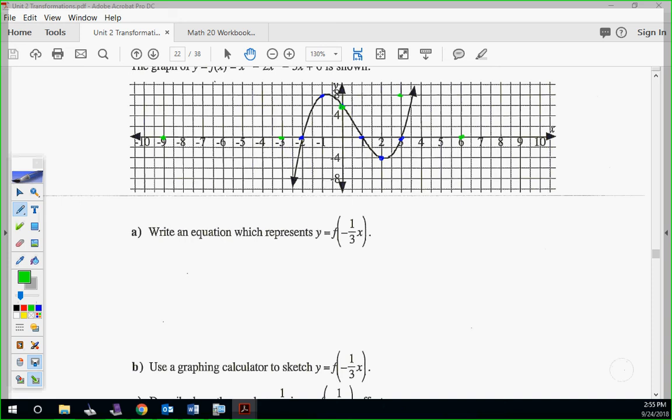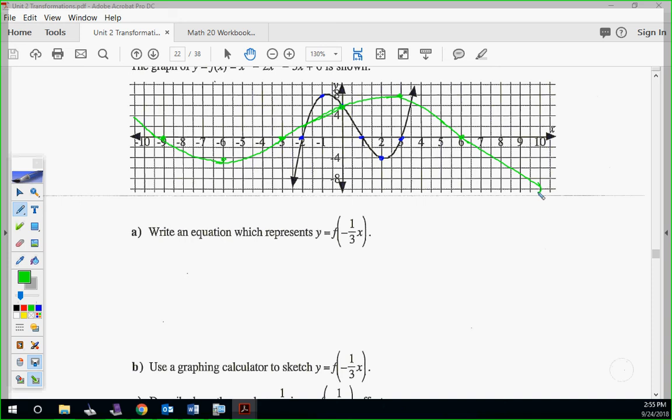So 2 flipped is negative 2 times 3 is negative 6. So this is what your graph's going to look like. Okay. So you can see it's definitely been stretched out. It's definitely not as steep anymore.